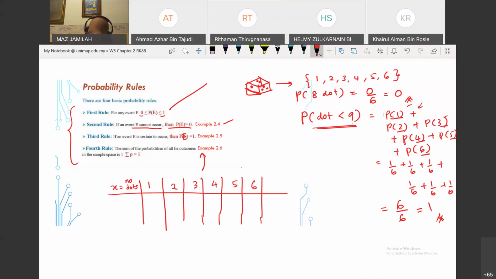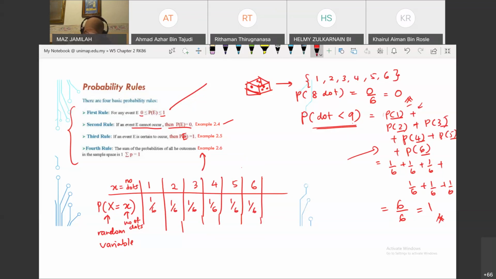So your x is the number of dots, and this is your random variable. What is the probability of getting 1 dot? 1 over 6, like just now. 1 over 6 also here, 1 over 6 also here.